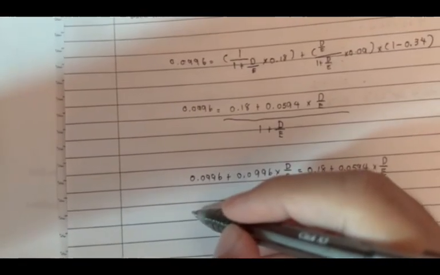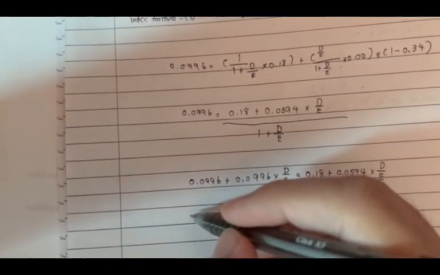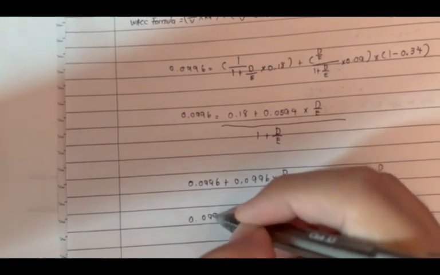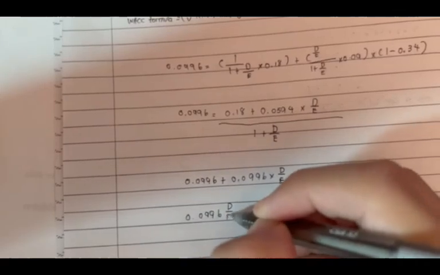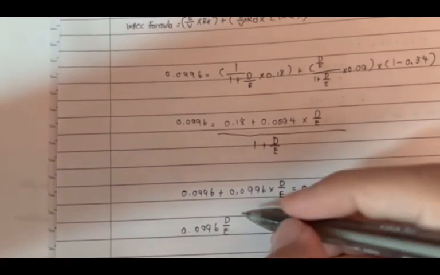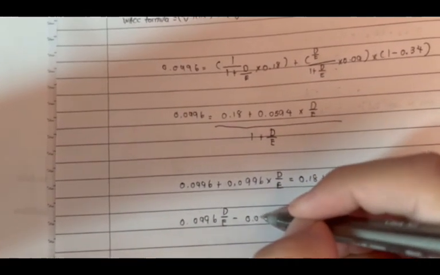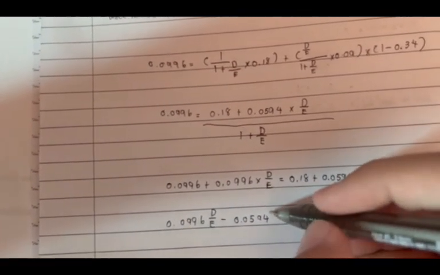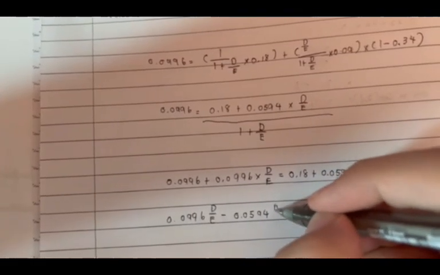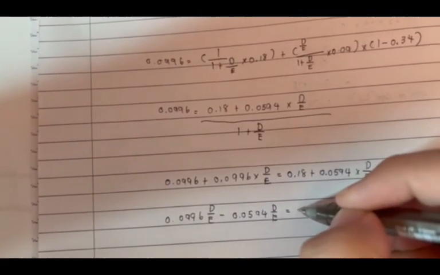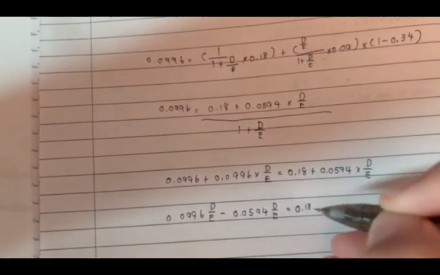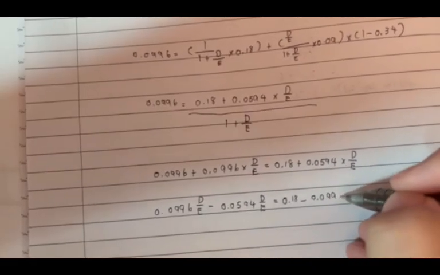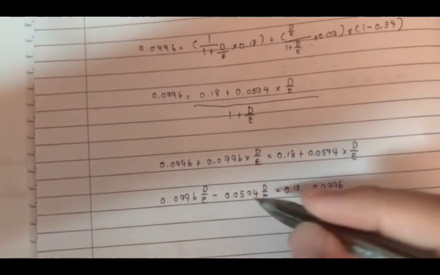Okay, 0.0996 D over E minus 0.0594 D over E equals 0.18 minus 0.0996.